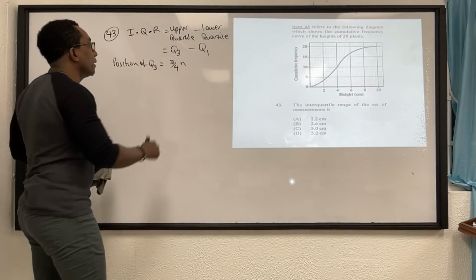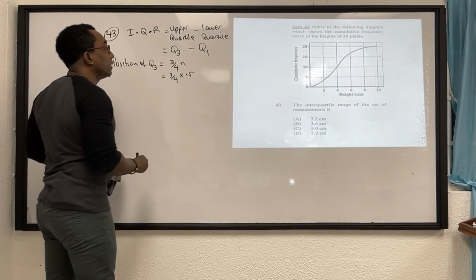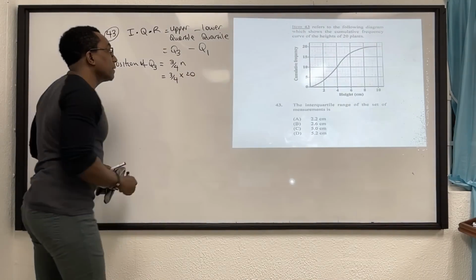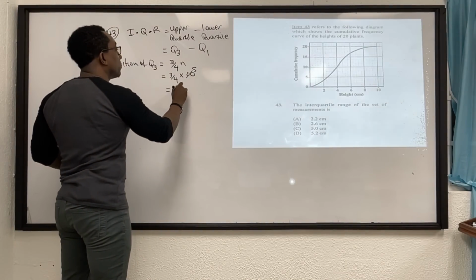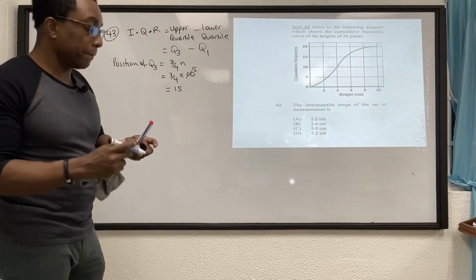So this will be 3/4 times 20. 4 into 20 is 5, 5 by 3 is 15. So we're looking at the 15th rank or the 15th position.